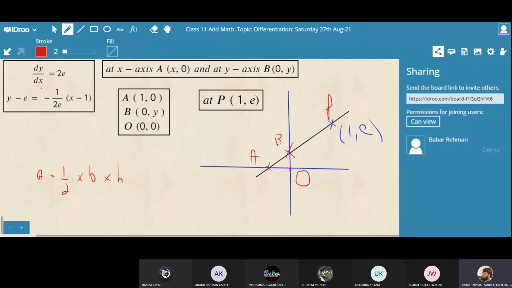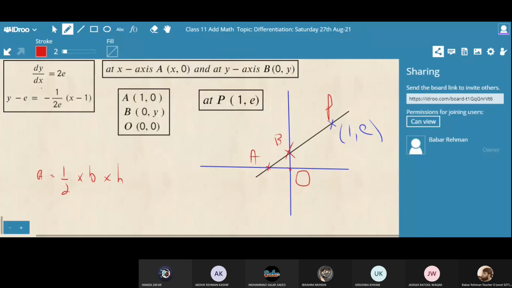Hamza Zafar, first tell me the coordinates of A and B. The coordinates of A are 1, 0, and the coordinates of B are 0, E. But Hamza Zafar, how are you getting 1? Because we are getting our answer in terms of E, so A should also be in terms of E, or not?